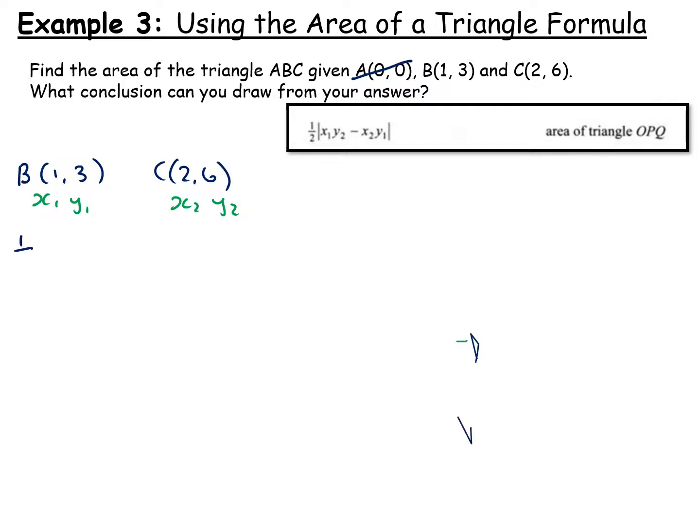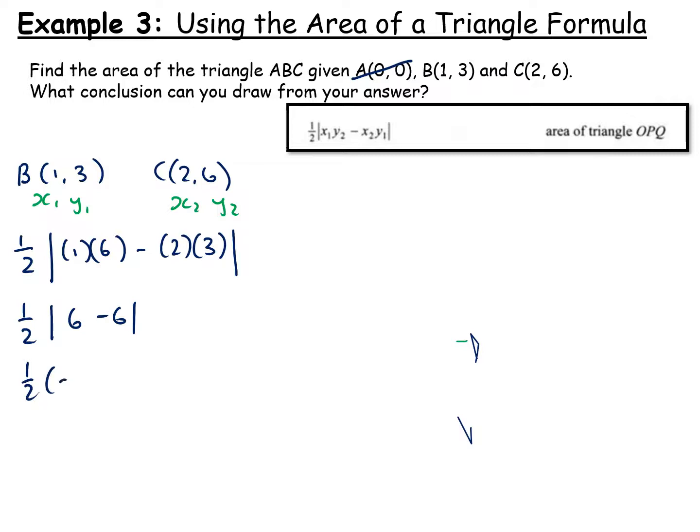And our formula is half of x1 times y2 minus x2 times y1. And that's a half of 6 minus 6. And it's a half of 0, which is 0. So the area of the triangle is 0.